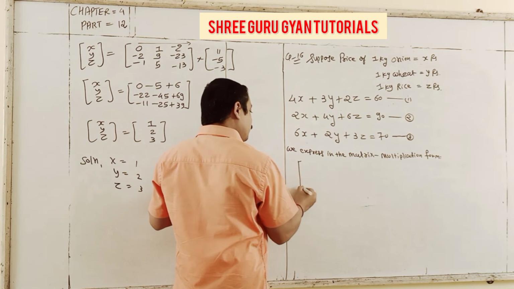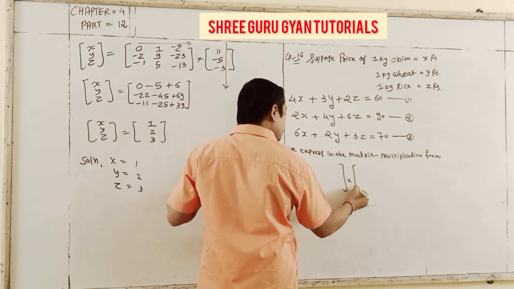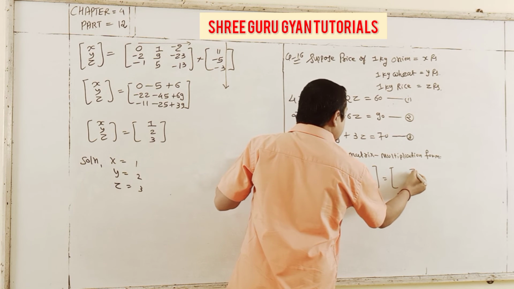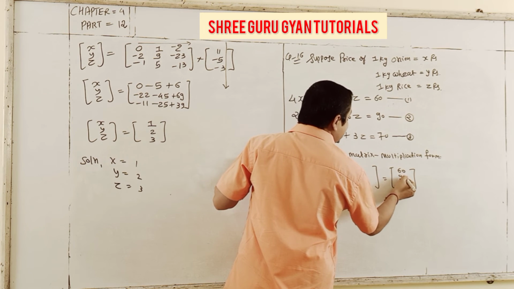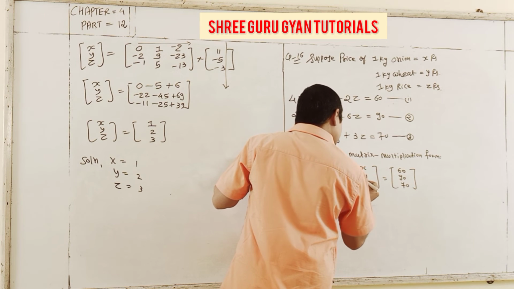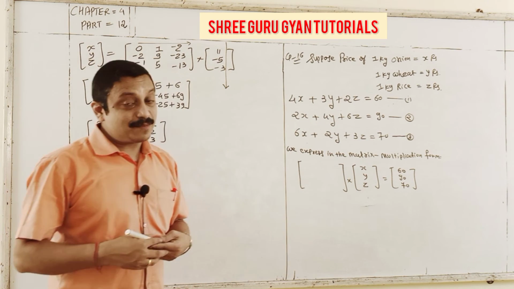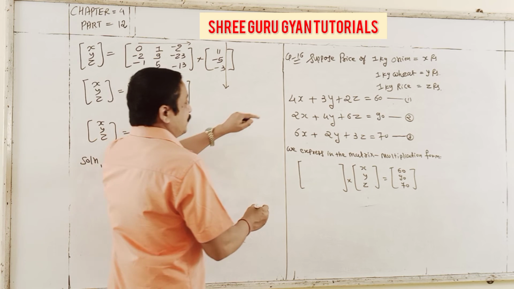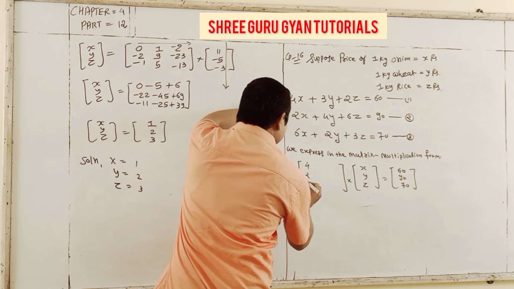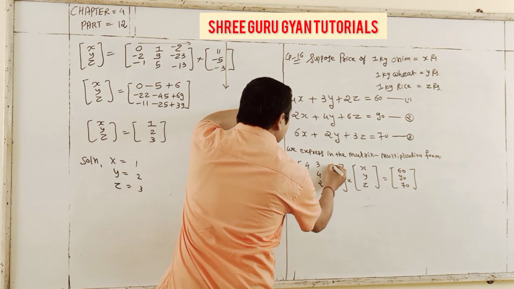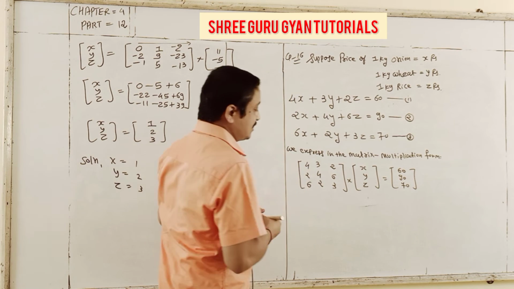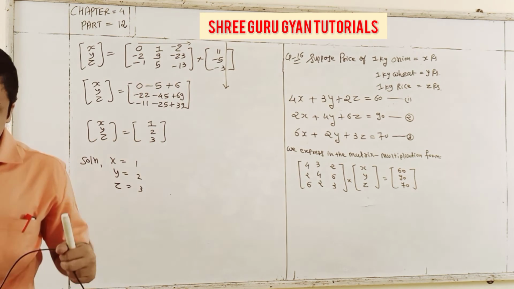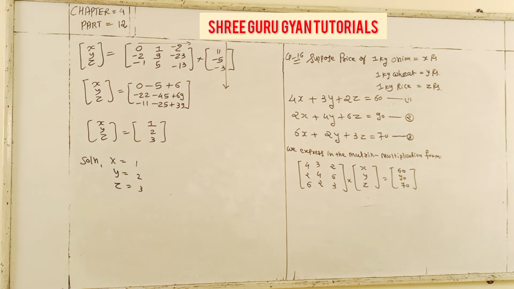The coefficient matrix times x, y, z is equal to 60, 90, 70, where the matrix rows are 4, 3, 2, then 2, 4, 6, then 6, 2, 3. And now students, we represent it in the form AX = B.